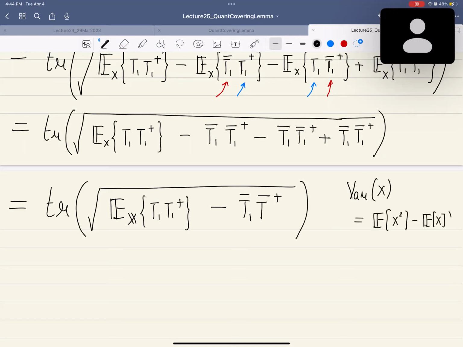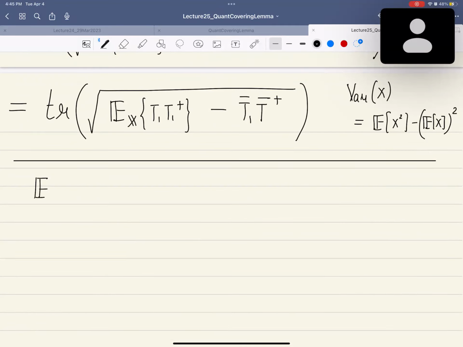What I will do is start looking at this object. This object is the hard thing. It's not really that difficult, but we'll do it. T1 dagger. Okay, I'll just go another 5 minutes. That's it. So what is this?